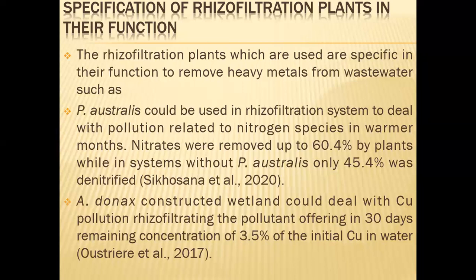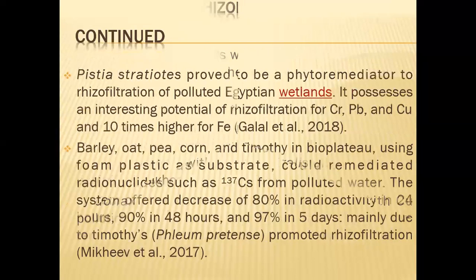An aerodonics constructed wetland could deal with copper pollution, rhizofiltering the pollutant, leaving in 30 days a remaining concentration of 3.5% of the initial copper in water. Moving to the next slide.